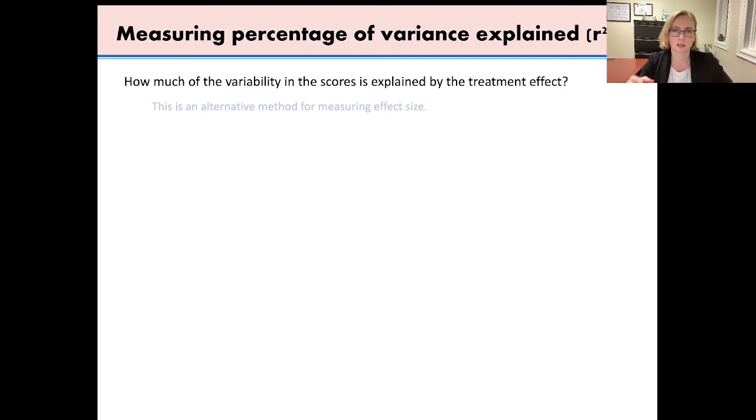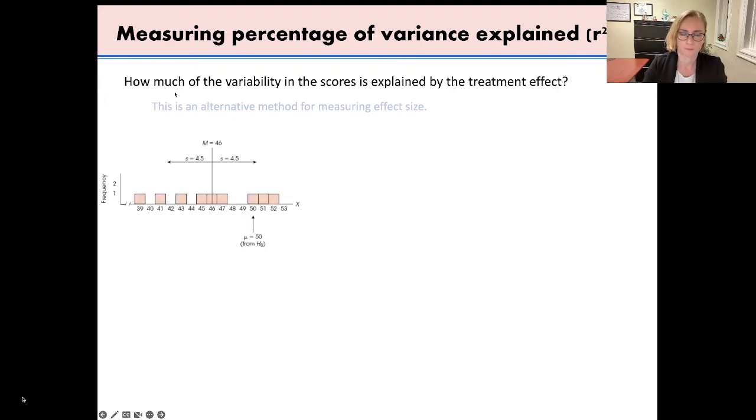Some people are on the top, some people are on the bottom, but most people are in the middle. So there's already natural variability. But when we have that shift from a treatment effect, not everyone is going to move over equally, right? We expect it to, but that's not actually what happens.